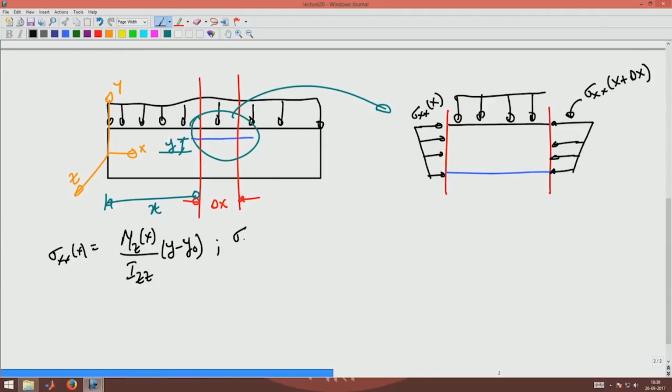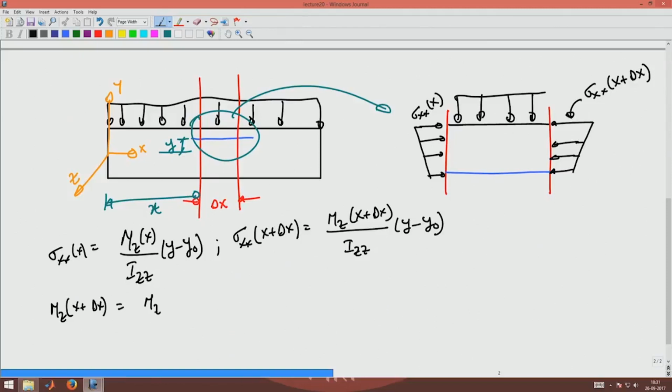And similarly, sigma xx at x plus delta x will be given by Mz at x plus delta x divided by Izz into y minus y naught. Okay. Now, I can write Mz at x plus delta x using Taylor series as Mz of x plus dMz by dx delta x plus higher order terms of delta x.